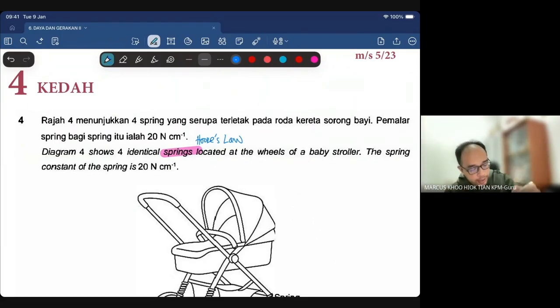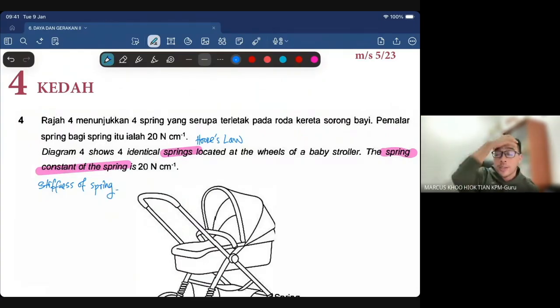Secondly, the spring constant. The spring constant is a representation of what we call the stiffness of the spring. A bigger spring constant means that the spring is much stiffer. In Malay, I think it's called keras.